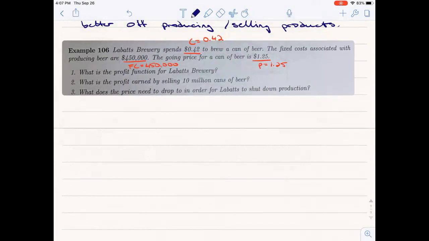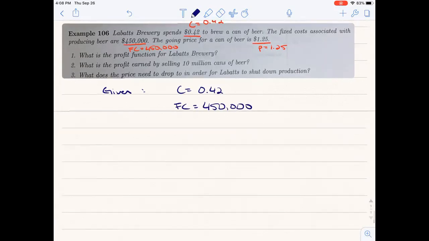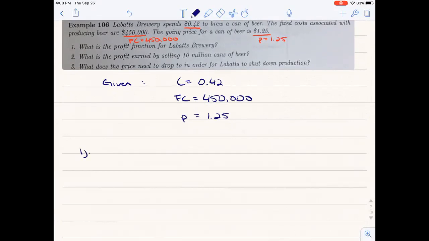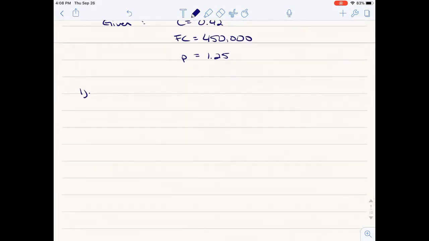I'll just summarize the given information here. C is 0.42, the fixed cost is 450,000, and P is $1.25. So part 1, we want to find the profit function. You can develop it like we did in the beginning, but I'm just going to jump right to it.